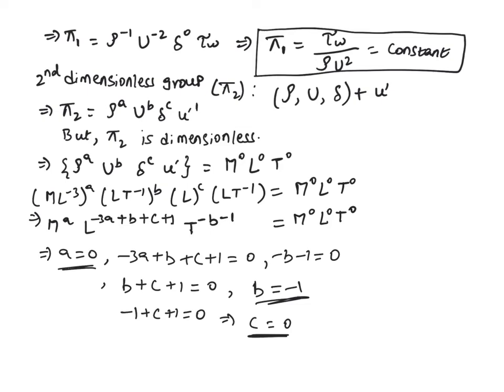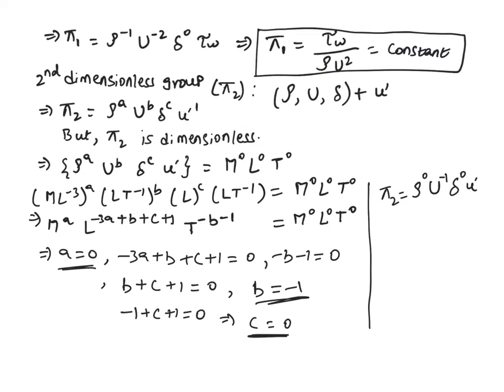We just have to substitute them in the second dimensionless group that you have created. So that would be pi 2 is equals to rho to the power of a, which is 0, u to the power of b, which is minus 1, delta to the power of c, which is 0, and u prime to the power of 1.